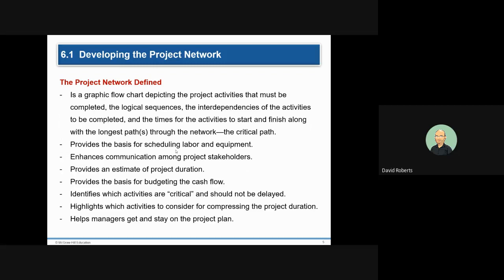Then the sequence is you take accounting 1, then accounting 2, then the next level of accounting. You do them in a certain order. And so you take stats 1, and then you take stats 2. You can't take them at the same time, and you can't take stats 2 before you've taken stats 1.